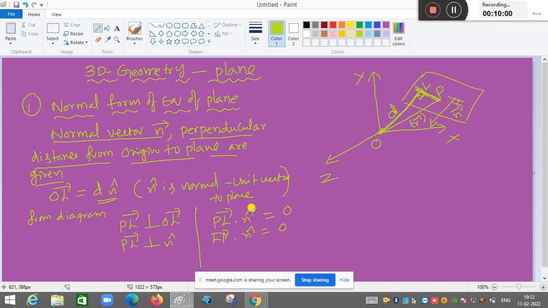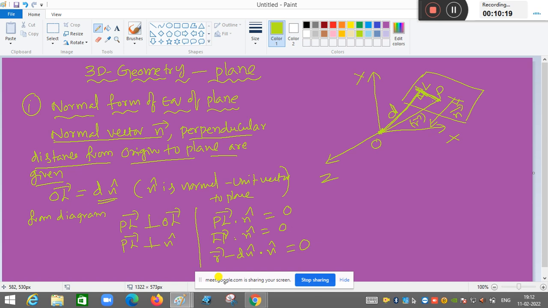Both are perpendicular vectors. So LP bar is the position vector of P, R bar, minus the position vector of OL. OL is what? d n cap. So (R bar minus d n cap) dot n cap equal to 0.